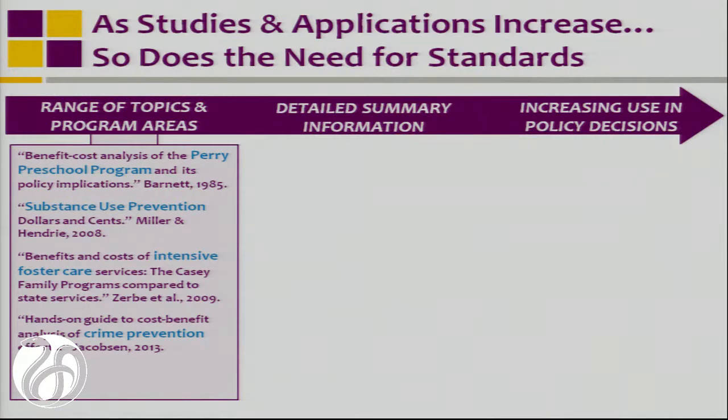From the Perry Preschool program, an analysis first done in the 1980s that continues to be influential, having just published its 40-year follow-up, to substance use prevention applications, intensive foster care, crime prevention, and many other areas that I can fit on this slide. I think this growing range of application areas raises the question of whether we can really compare findings across studies, or are they based on methodologies that hinder those efforts.